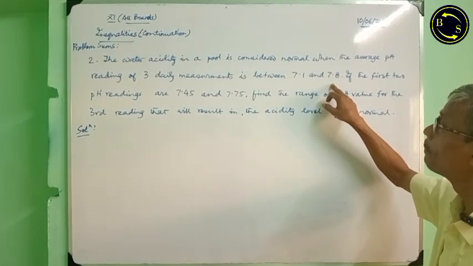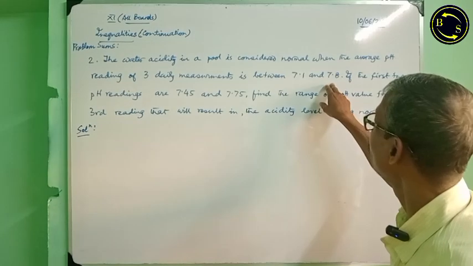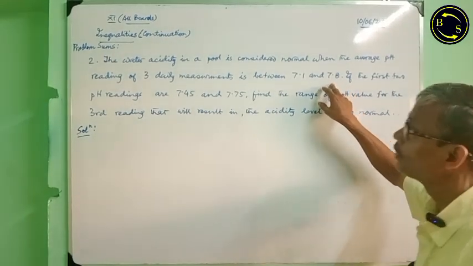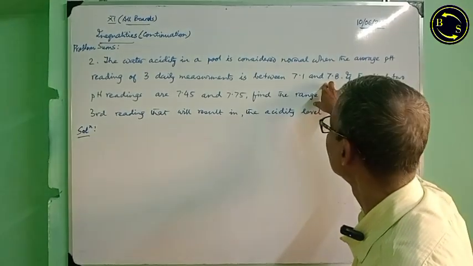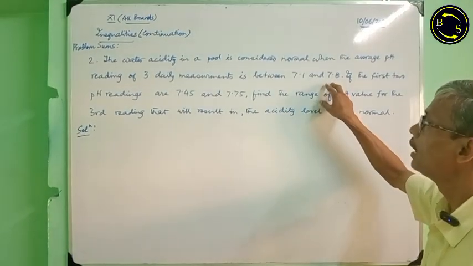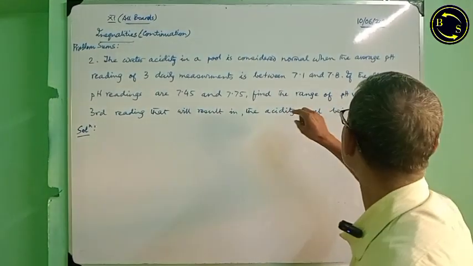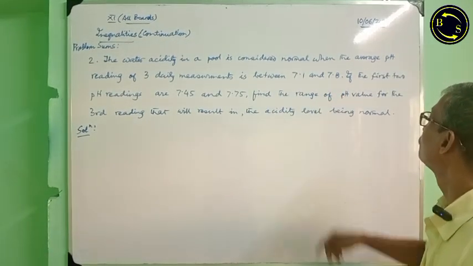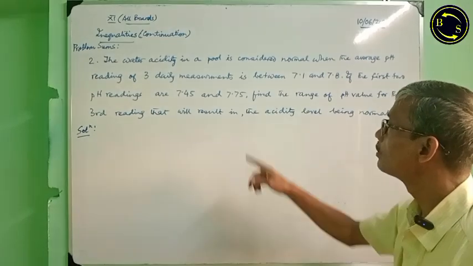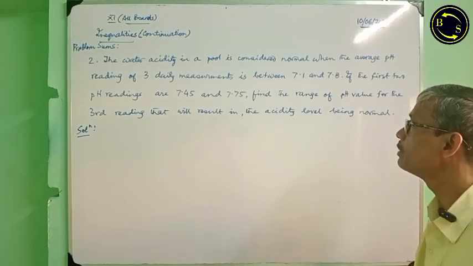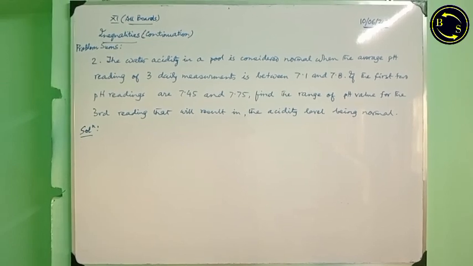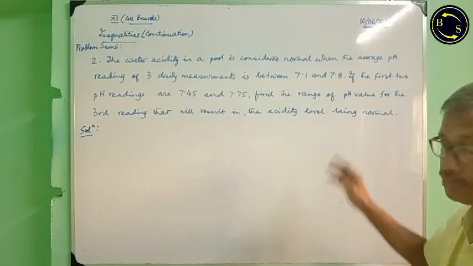Actually, acidity of water, that should be normal in our daily consumption, and that must be within this range. If the first two readings are 7.45 and 7.75, then we have to find the range of pH value for the third reading, so that the acidity level is normal.